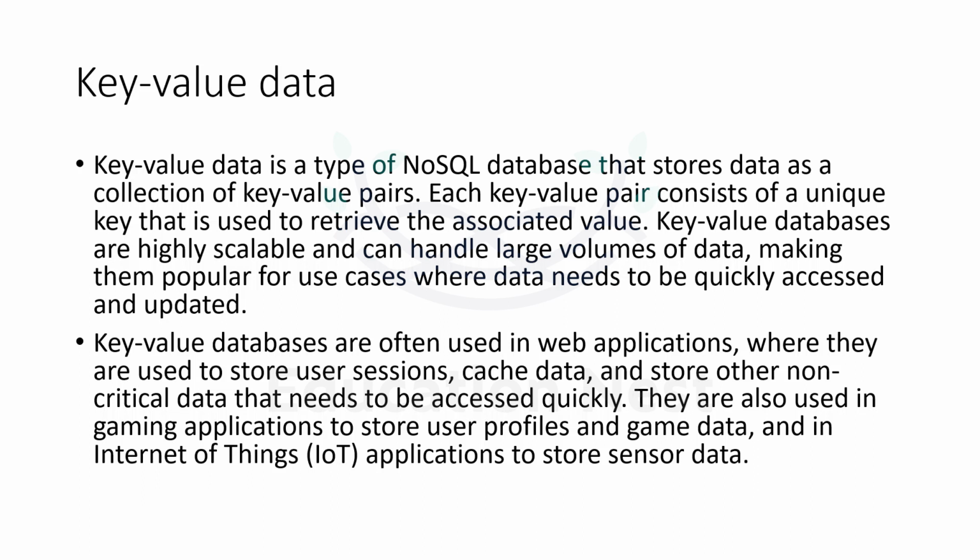So that brings us to another topic: what is key value data? Key value data is a type of NoSQL database that stores the data as a collection of keys and values. It doesn't mean that only one word key and one word value would be there. Each key value pair consists of a unique key, which can be used for retrieving the associated values.